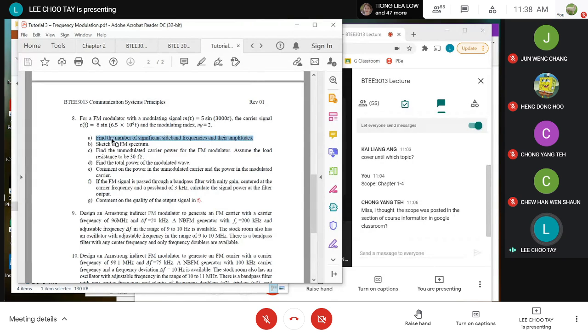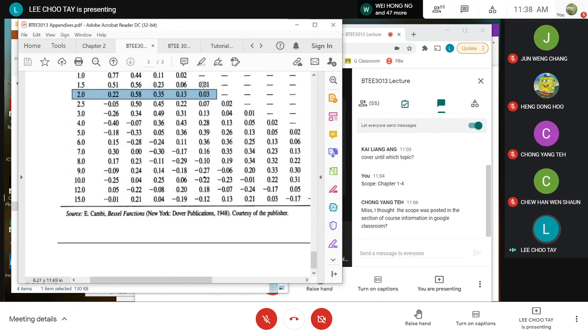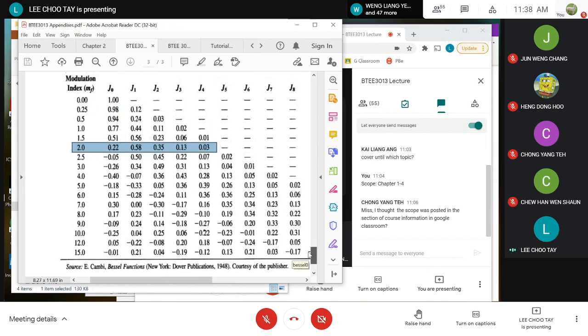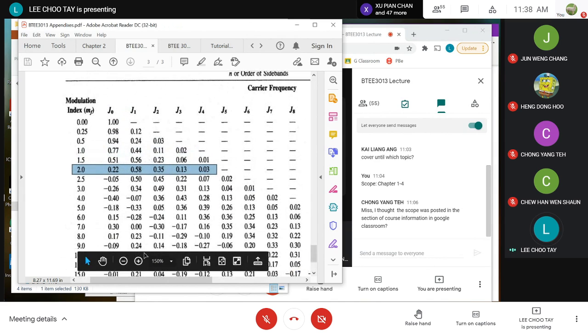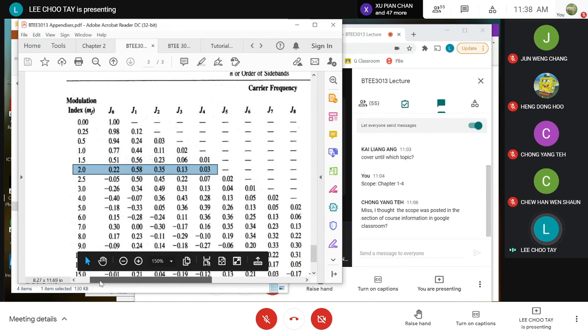The only way we have learned so far is to make use of the Bessel function table. Our modulation index is 2, so refer to your Bessel function table. Make sure you have this appendix handy during your midterm test, because you're going to need it.